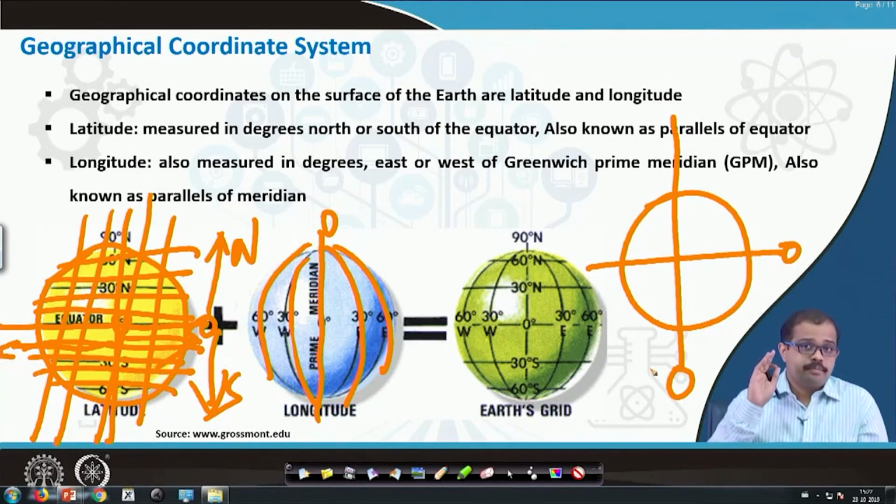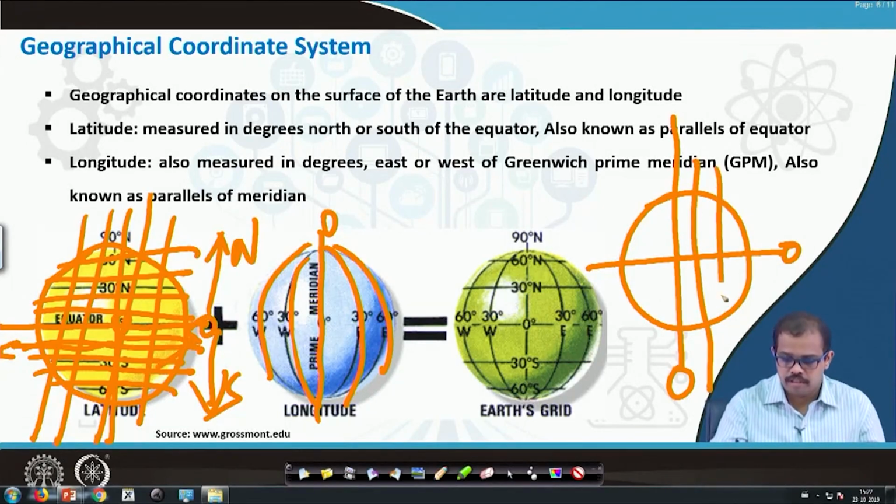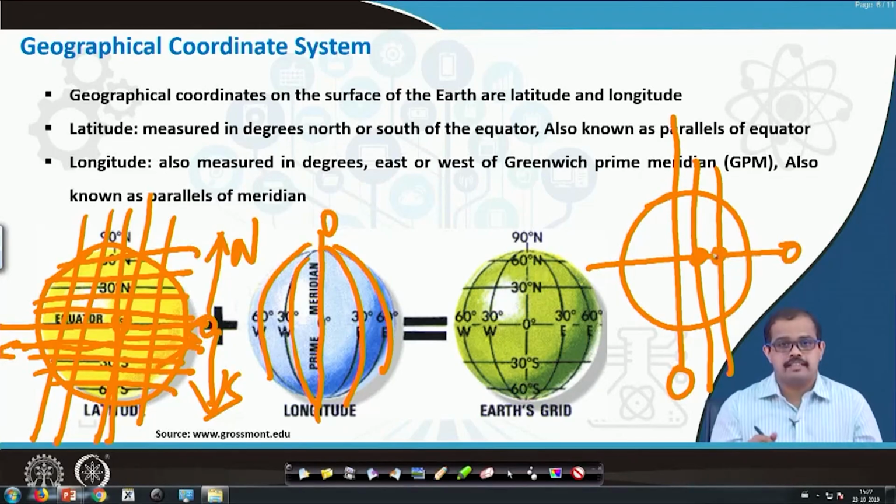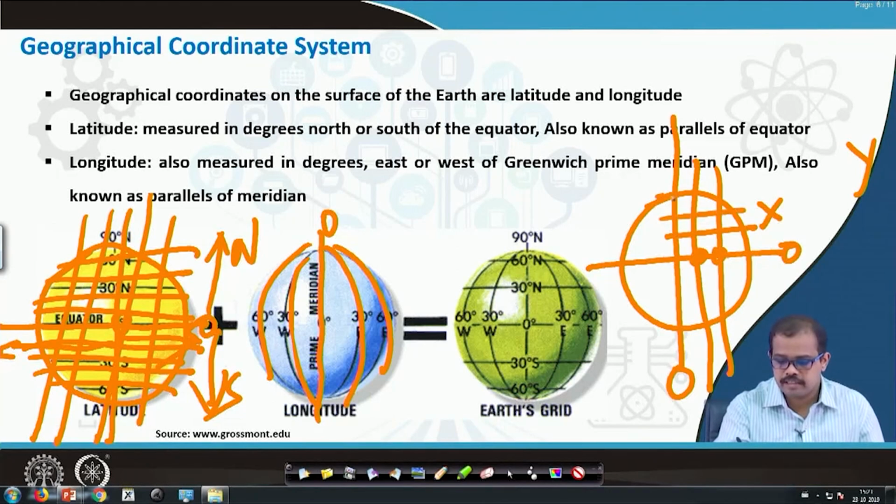So the answer here is, if you are locating a longitude, for example, if you write longitude here, it is actually intersecting on the x axis. So longitude measurements are on the x axis. Okay, because the x axis represents longitude measurements.